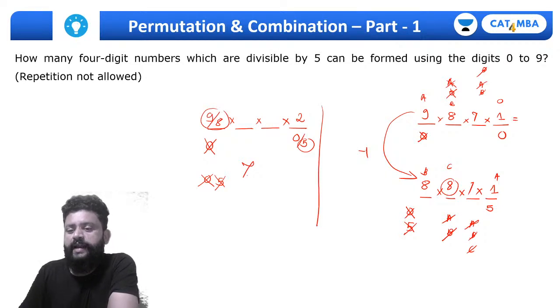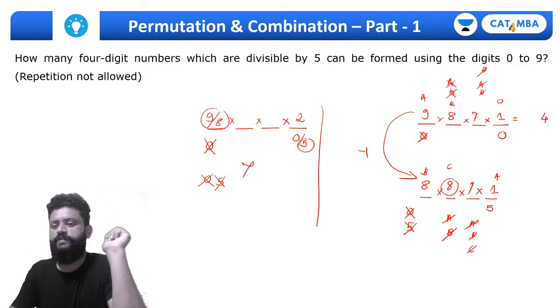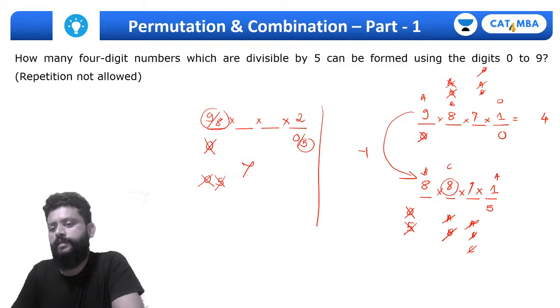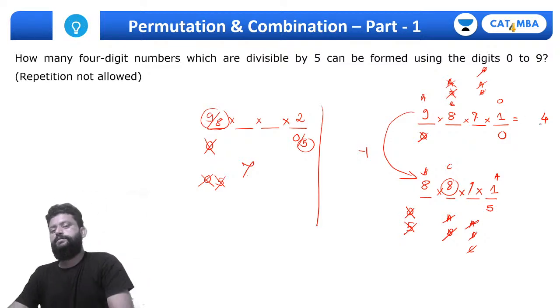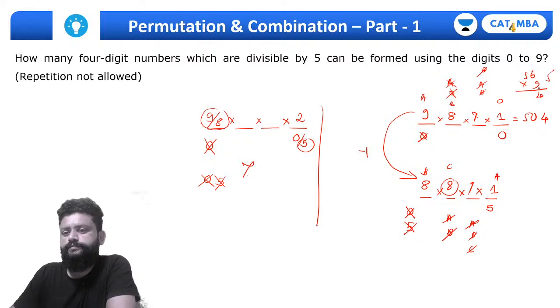So you can simply do the calculation part. 8 7s are 56. 56 into 9, 9 6s are 54, 45 plus 5 is 504. 56 into 9. And this is 72.